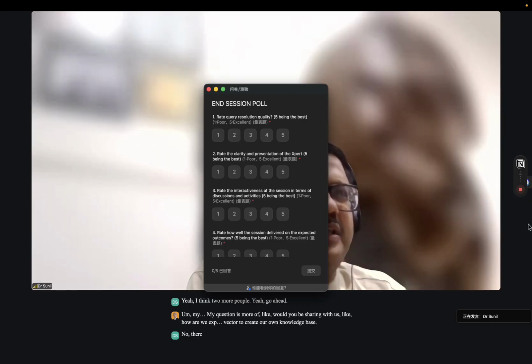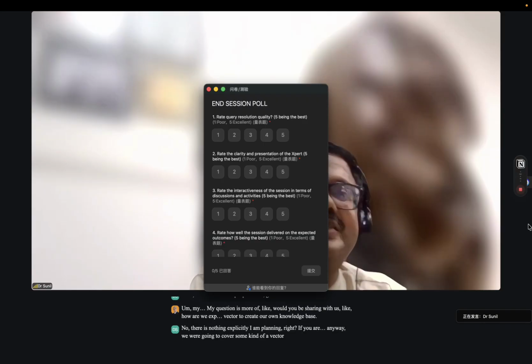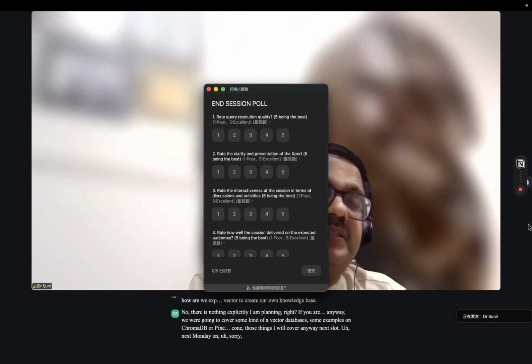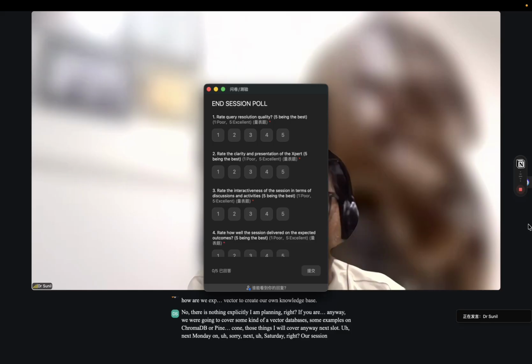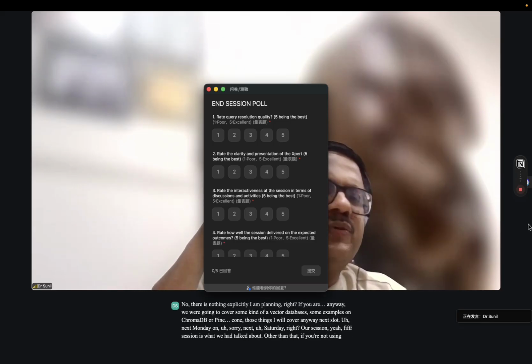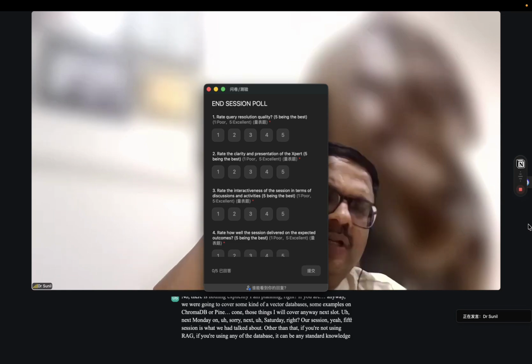No, there is nothing explicitly I am planning. We were going to cover vector databases, some examples on ChromaDB or Pinecone. I will cover those anyway in the next slot, next Saturday, the 5th session we talked about. Other than that, if you are not using RAG, it can be any standard knowledge base you have.